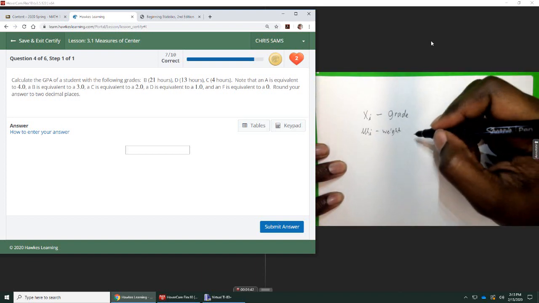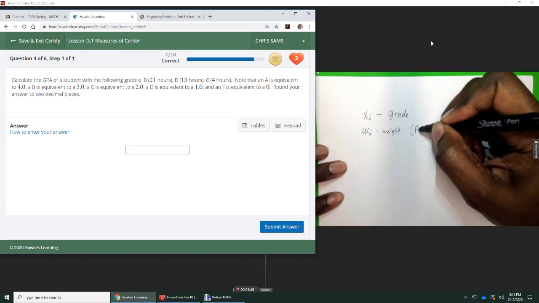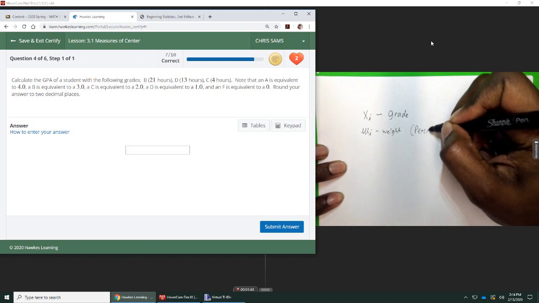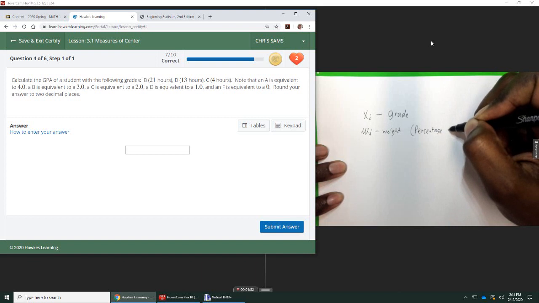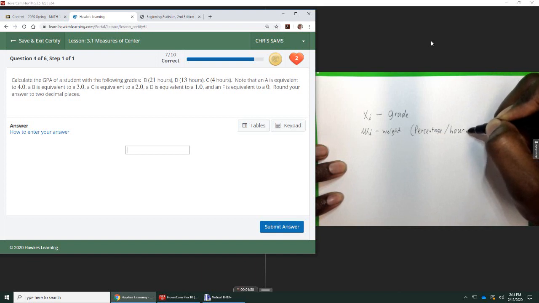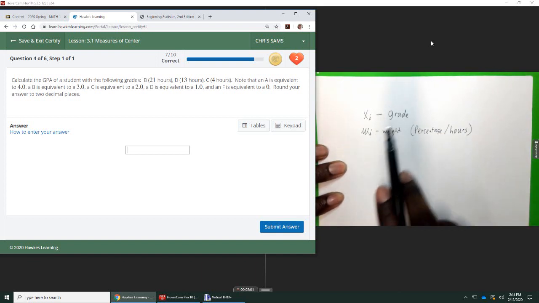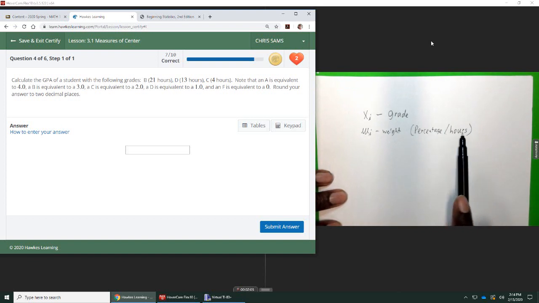The weight is usually either the percentage or it might be the hours. So when you're doing college GPA, the hours that you're taking is your weight. So we're always going to have a grade, and we're going to be multiplying that grade by a percentage or a number of hours to get our total.